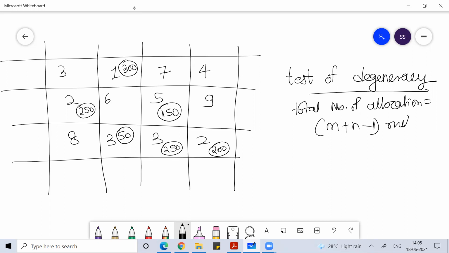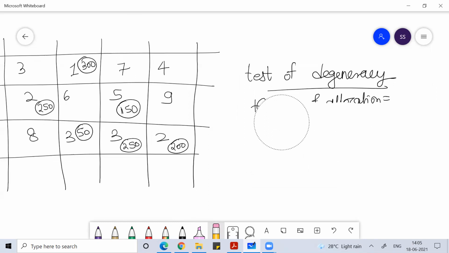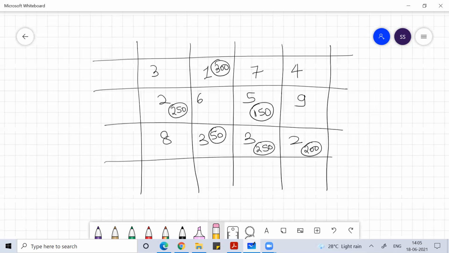Here m is the number of columns, so 4 columns are there, and n is the number of rows, 3, minus 1. It means there should be 6 allocations. If you count, you have 6 allocations. So the solution is non-degenerate.